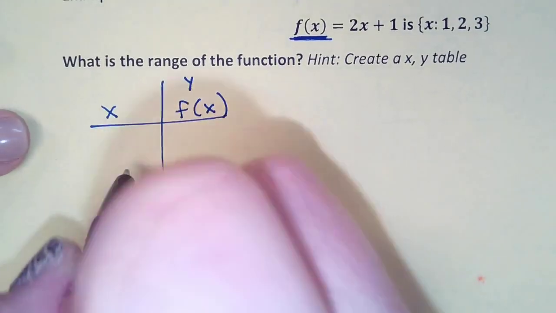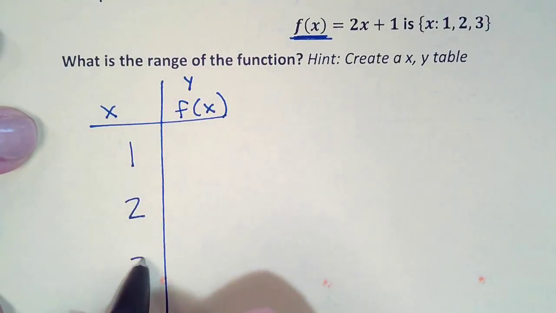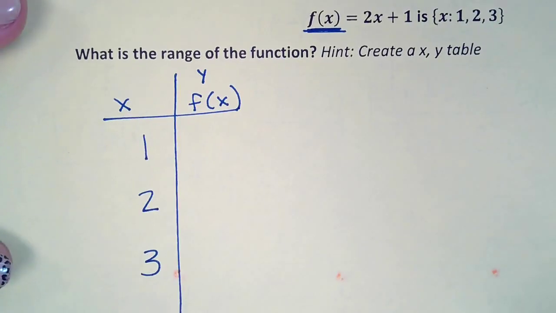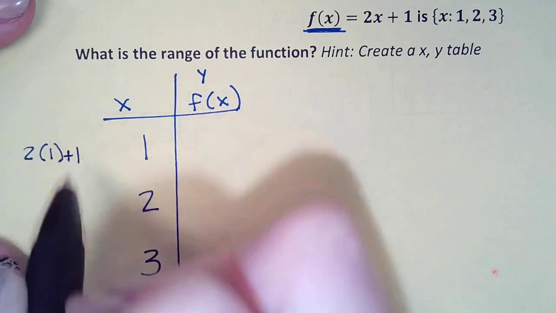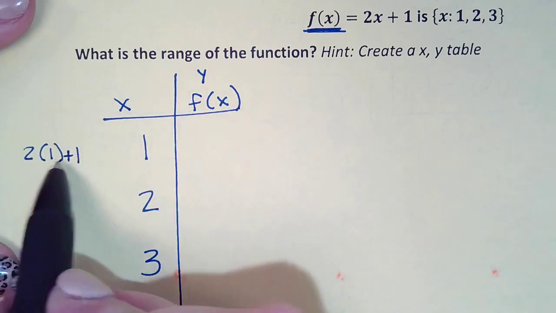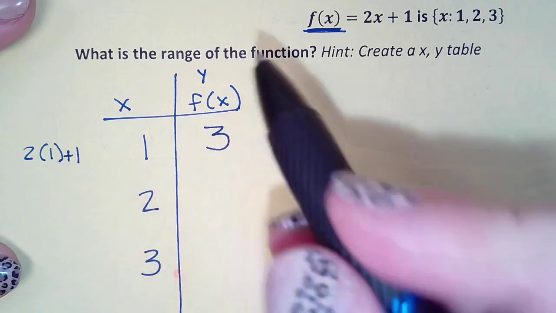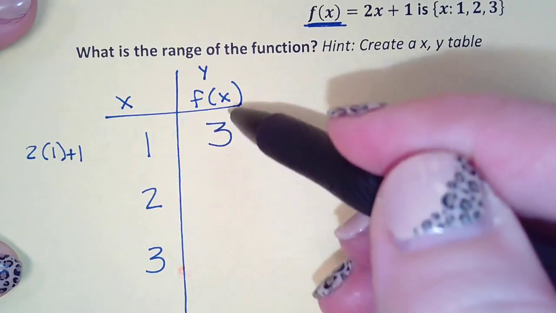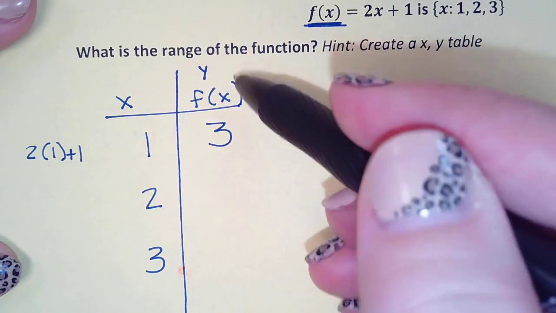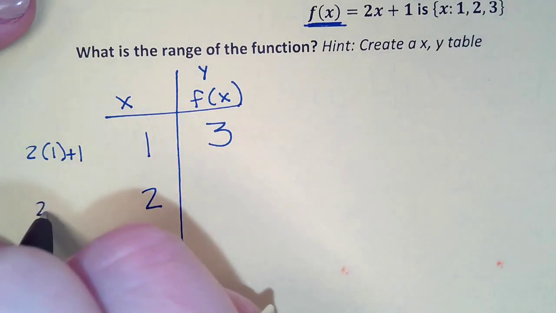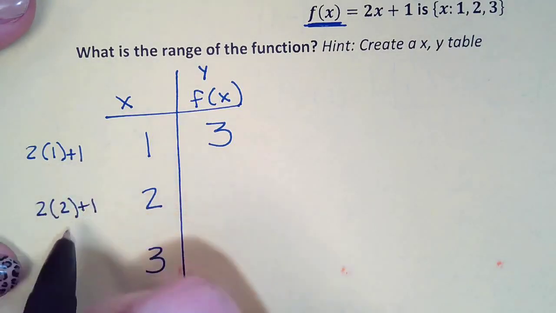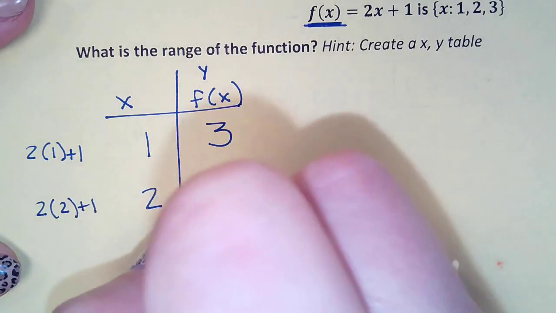So if my x is 1, 2, 3, let's plug it in. So I would have 2 times 1 plus 1. 2 times 1 is 2, plus 1 is 3. These are my range values that I'm finding. My y's, my outputs. For 2, I'd have 2 times 2 plus 1. 2 times 2 is 4, plus 1 more is 5.